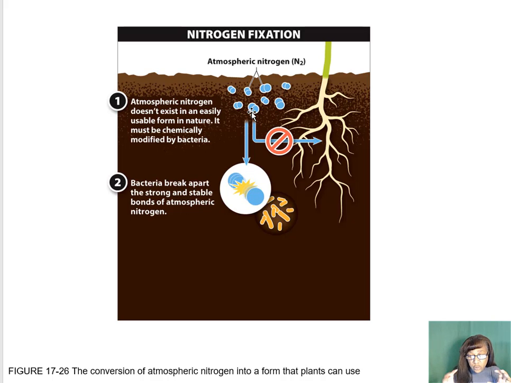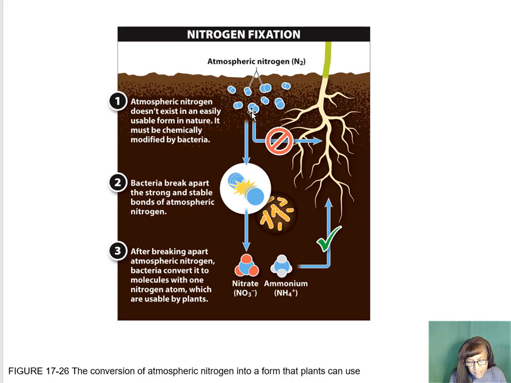It's N2, so it's two atoms of nitrogen, and plants can't break that. They need bacteria to break those two bonds so that they can actually use it. Now, after the bacteria break apart the atmospheric nitrogen, then bacteria convert it to molecules with one nitrogen atom, which is now usable by plants.